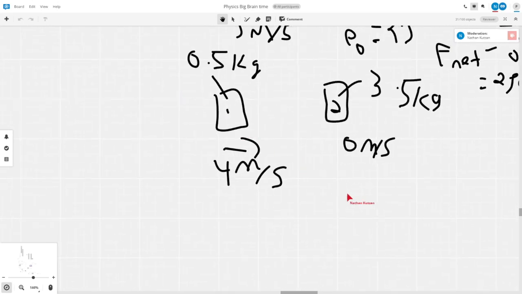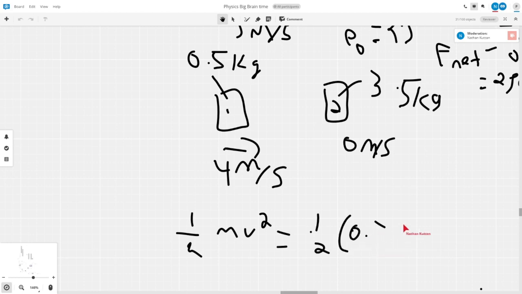1/2 mv squared. Yep. So 1/2 mv squared, and that's going to be 1/2 times 0.5... Oh wait, no, that's wrong. 4 squared, and let me just work it out just to make sure.